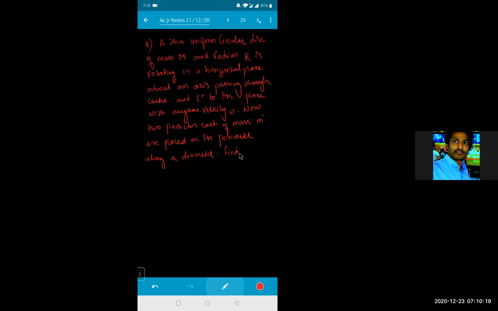First of all, find the new angular velocity. If small m is equal to M by 2, find the percentage change in angular velocity.